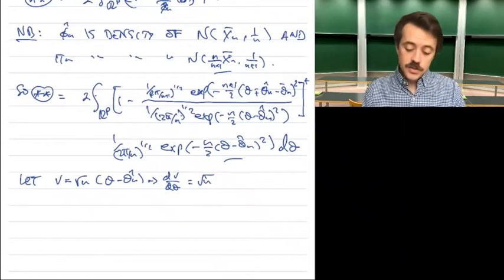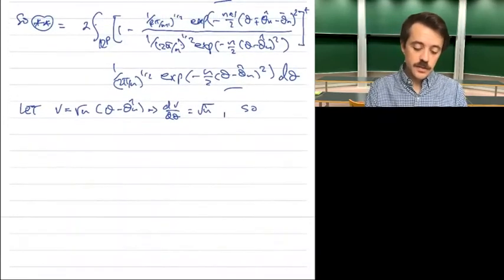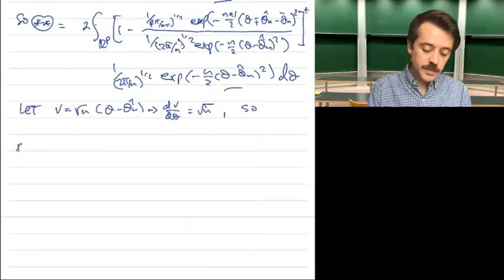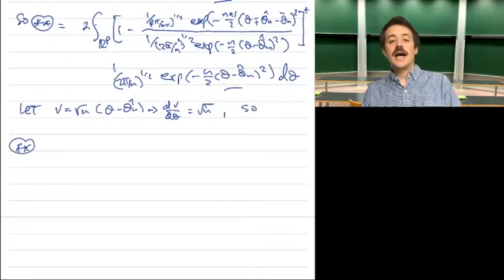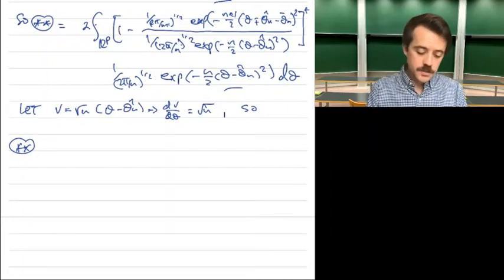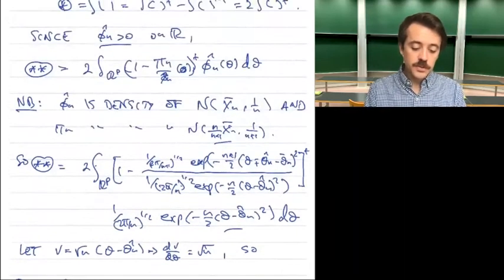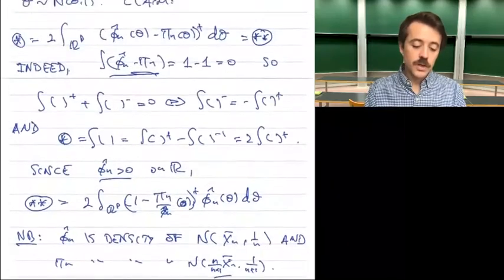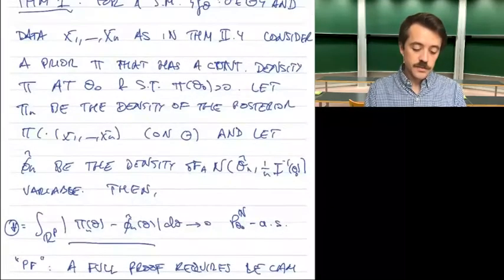And so we get that the previous line can be written simply as 2 times the integral over R. Actually, I'm writing Rp, but of course this is p equal 1.